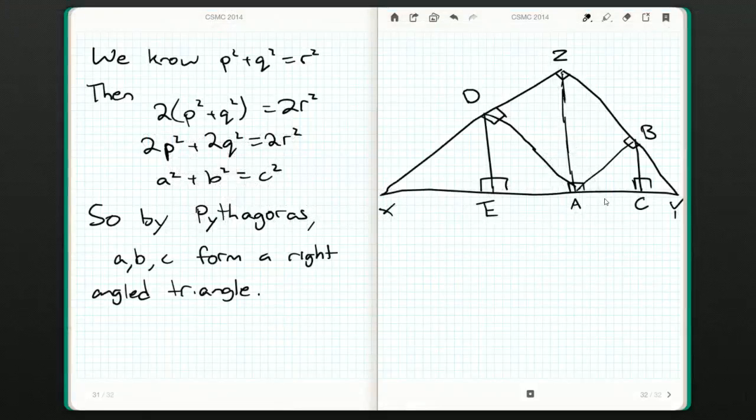So, well, the first thing that strikes me is not anything down here, but we seem to have a rectangle here.